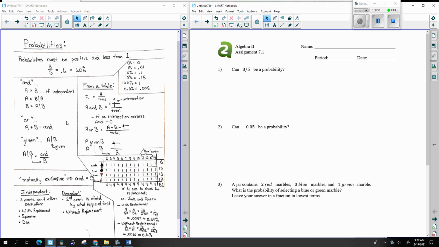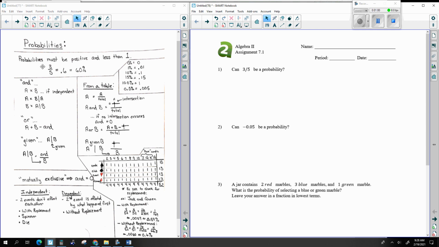Okay, so let's go ahead and get started with our assignment. We have assignment 7.1 today, and it is just our general introduction to probabilities. These first two questions, question 1 and question 2, are in essence asking, is this or could this be a probability?